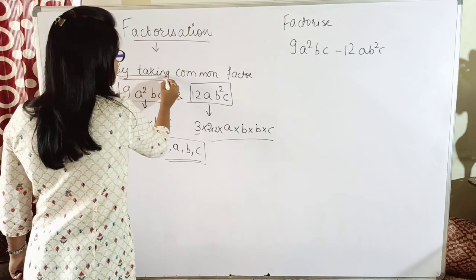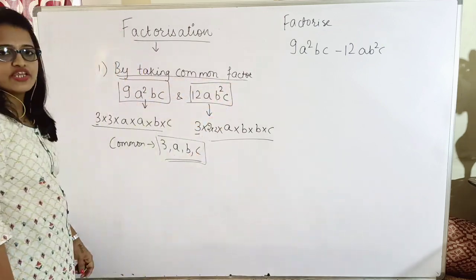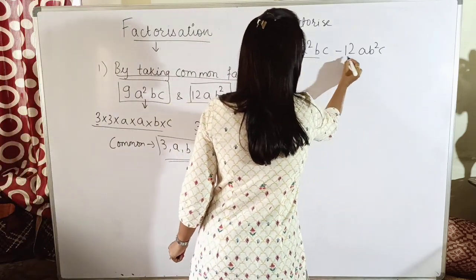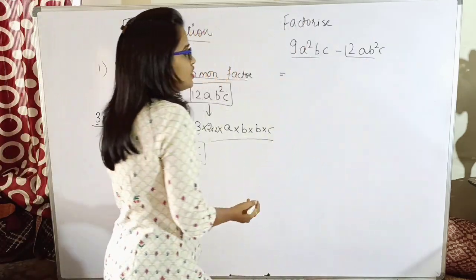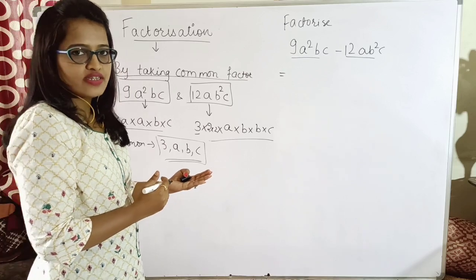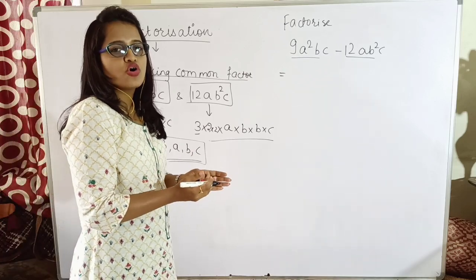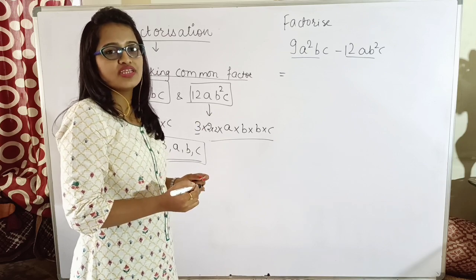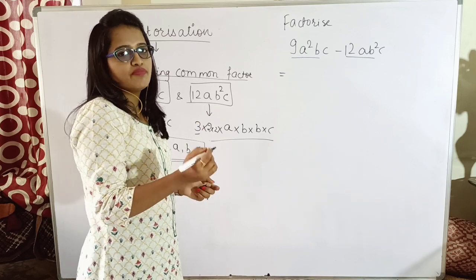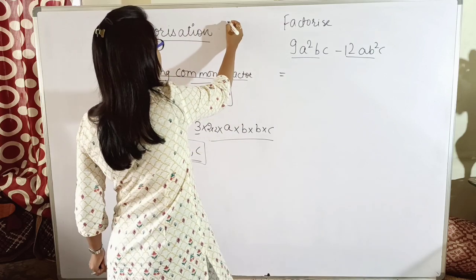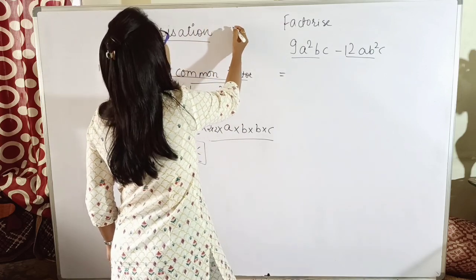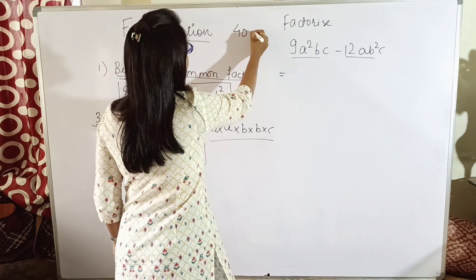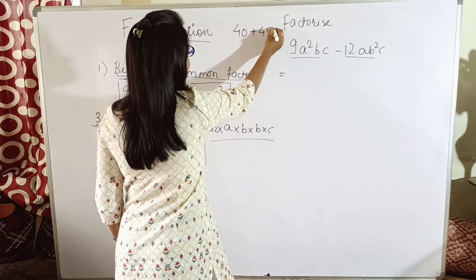The first method says you have to factorize by making use of the common factor. It means from both the terms you have to take the common factor, and then write the remaining factors or the remaining terms in the bracket itself. See, when we used to write down like this, for example, say 40 and 45.